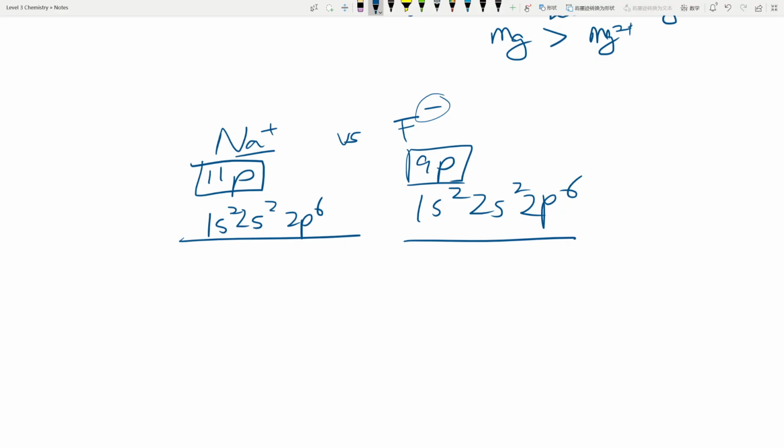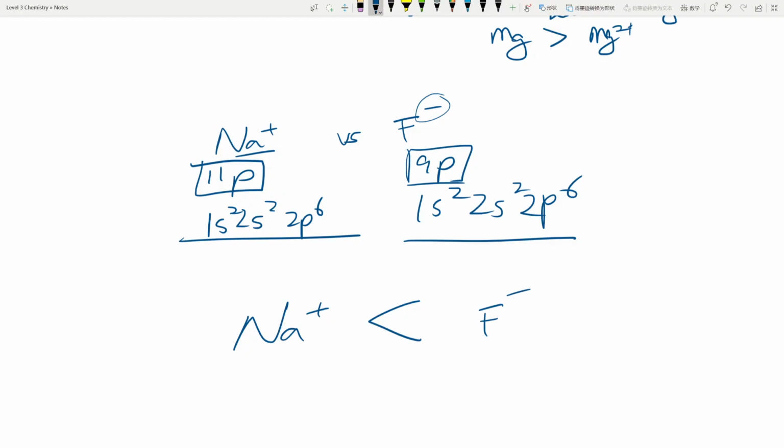So there's more force of attraction from the nucleus, and the shielding effect is exactly the same. So the effective nuclear charge that the Na plus valence electrons experience is going to be a lot stronger. Therefore, Na plus as an ion is going to be smaller than F minus in terms of size.